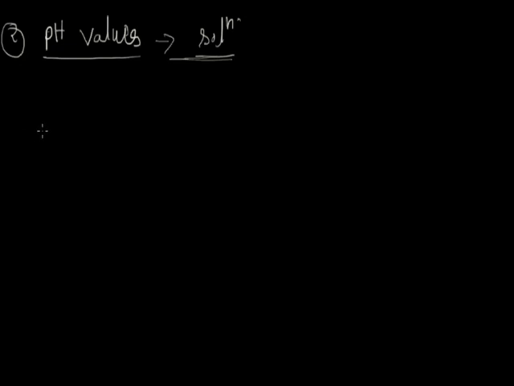It means that in this classification, first the salt is dissolved in a particular solvent. On the basis of pH values, salts are of three types. First is neutral salt solution.